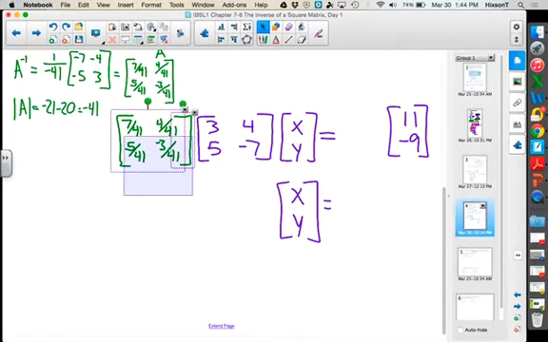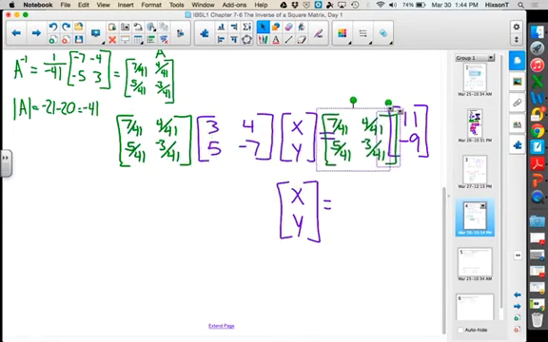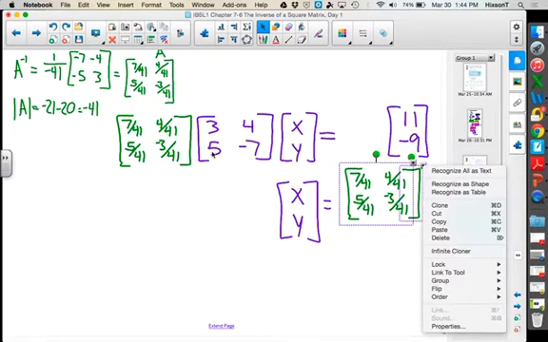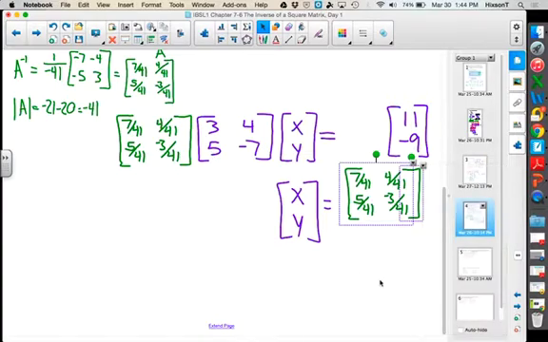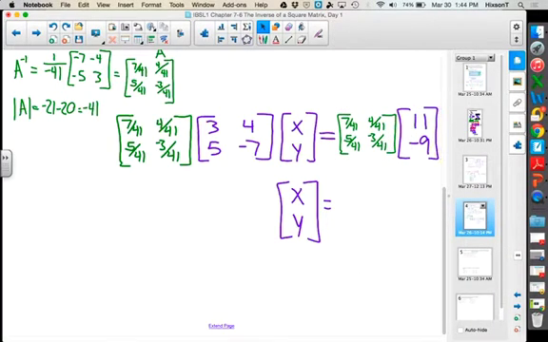But on the right-hand side, we will have to multiply. Now, again, it's not too bad. So let's do the matrix multiplication. You have 7 41st times 11 plus 4 41st times negative 9.